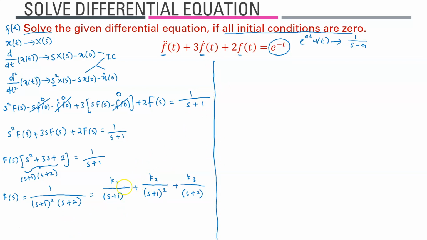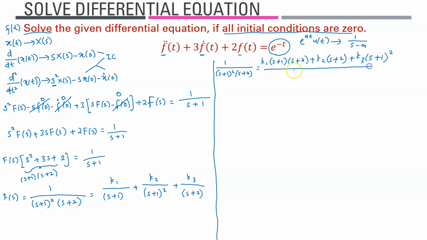If we multiply k1, k2, k3 so that their denominator will be equal to this, k1 you need to multiply with s plus 1 and s plus 2, k2 you need to multiply with s plus 2, and k3 you need to multiply with s plus 1 squared.